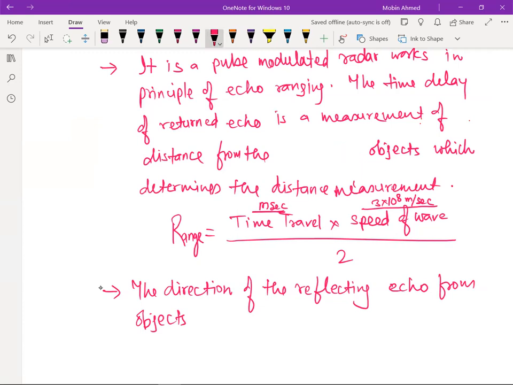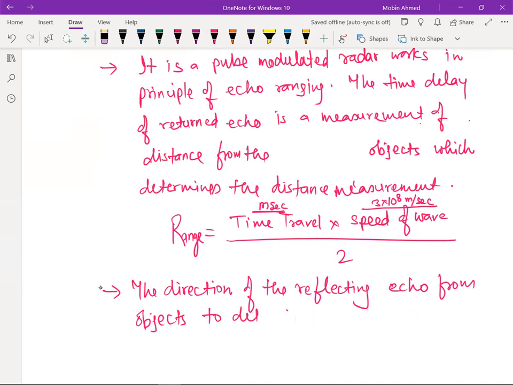From the object, that will be correct, which determines the distance. The direction of the reflecting echo from the object to determine the distance. Determine the distance.